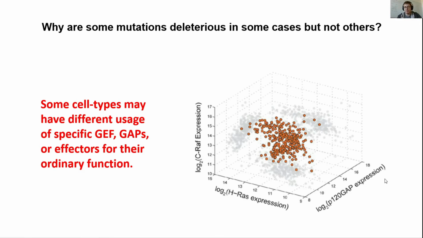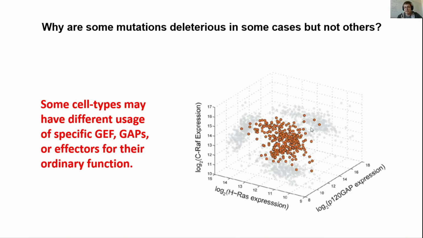In this plot, while it's a little bit confusing, each dot corresponds to a cell in the human body, and the amount of one particular GAP protein called P120 is shown on this axis. The amount of HRAS expression in that cell is shown on this axis, and the amount of RAF expression in that cell is shown on this axis.